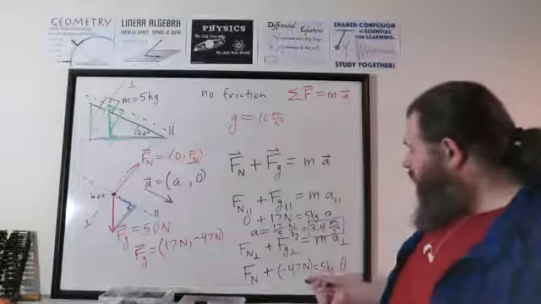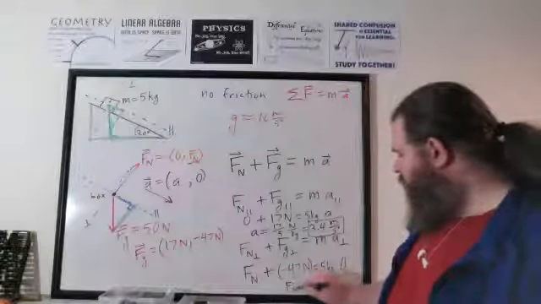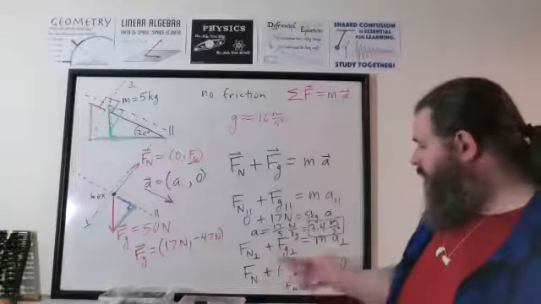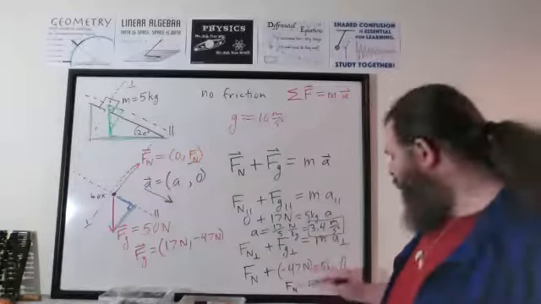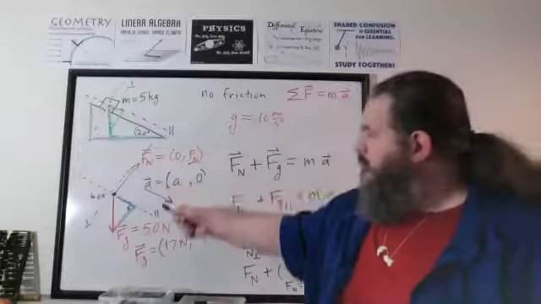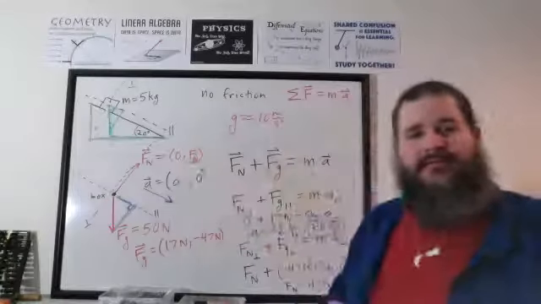And at the same time, we can also solve this equation for normal force just by adding 47 newtons. We've got F normal plus -47 equals 0. Add 47, we get normal force is 47 newtons. So we now know the normal force. Nothing in the parallel direction, but exactly 47 newtons in the perpendicular direction.